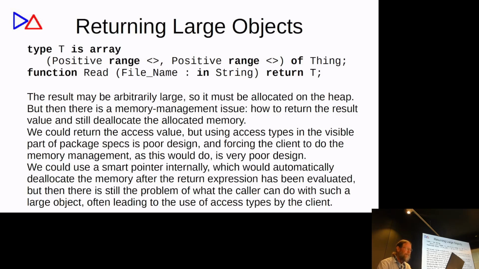And there's a lot of verbiage here, but it comes down to deliberately and directly allocating it on the heap can cause problems with memory management. And most of the workarounds to that are not very convenient.